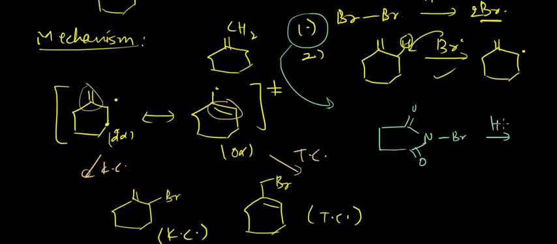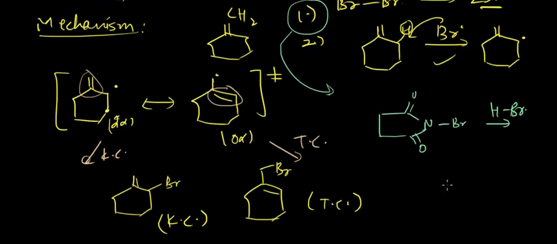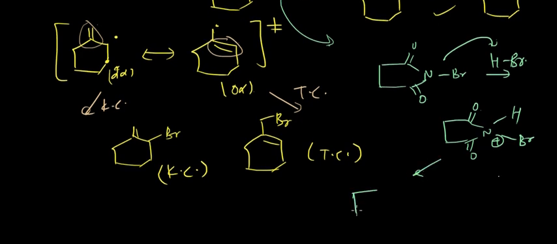So in presence of HBr, what actually happens is, N-bromosuccinimide attacks on this H plus, and as a result we get a positive sign here, plus Br minus.